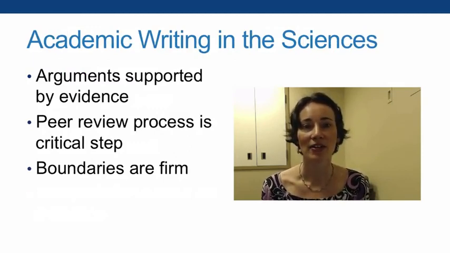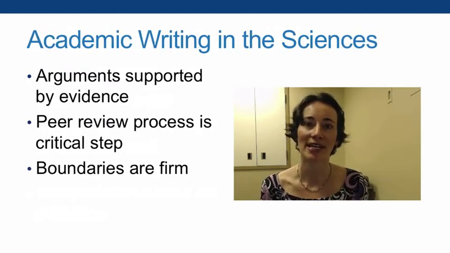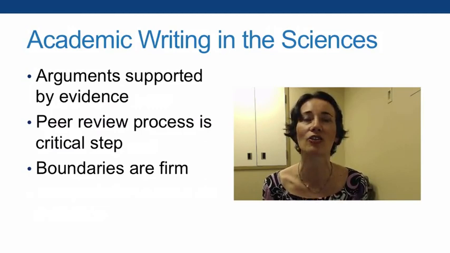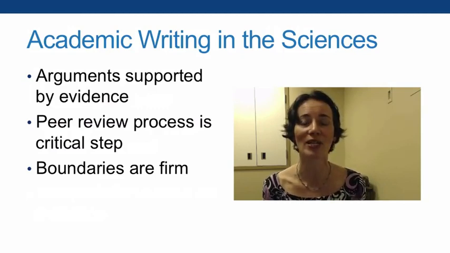Again, the arguments are supported by evidence in academic writing that is data related, and we tend not to stray very much from what our data is telling us. So the interpretation that we do of our results, the conclusions that we draw from our results, are not very far ranging. We tend to be very conservative in interpreting our results.